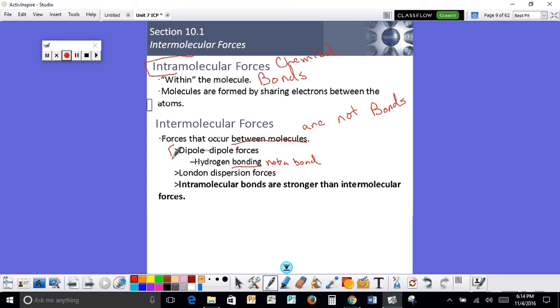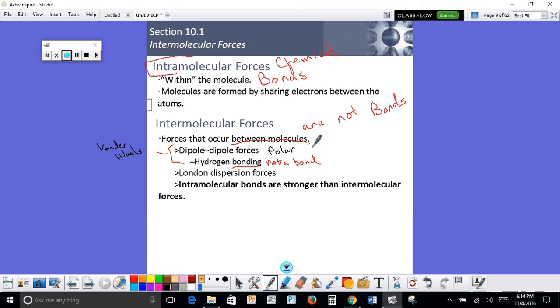So dipole-dipole and hydrogen bonding are classified, you might also hear these as van der Waals forces. And just so that you know, these typically occur in polar compounds, polar covalent.